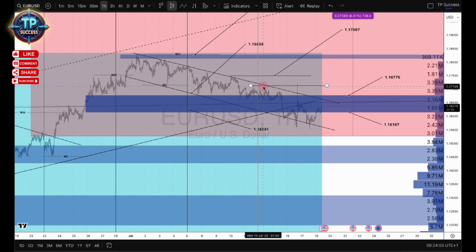I would say wait for one of these highs to be knocked out properly. So wait for either this high over here or this high over here to be knocked out properly before you consider jumping in with your buys.